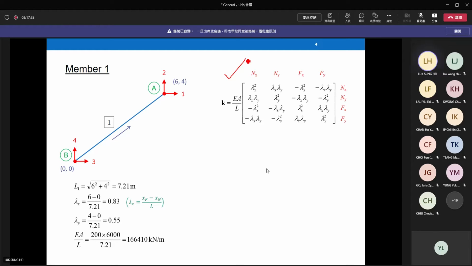So I extract element 1 on this page. Let's make the presentation clearer.